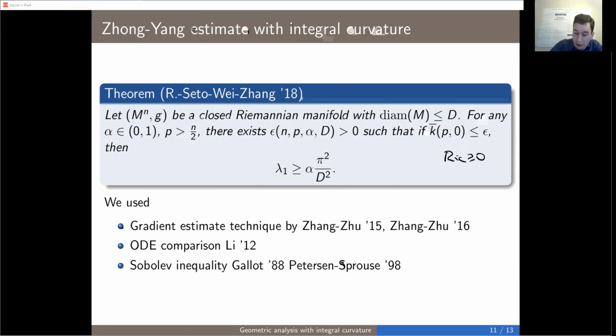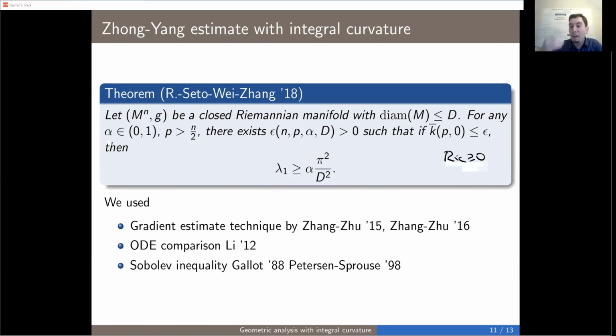Remember that pi squared over d squared was the sharp constant. So what this is telling you is that the role of alpha here is just to say how good of an estimate do you want? How close do you want to be to the sharp estimate? You choose a parameter alpha, and then for that alpha, there is an epsilon such that if the amount of Ricci curvature in integral sense is smaller than that epsilon, then lambda 1 is bounded below by that.